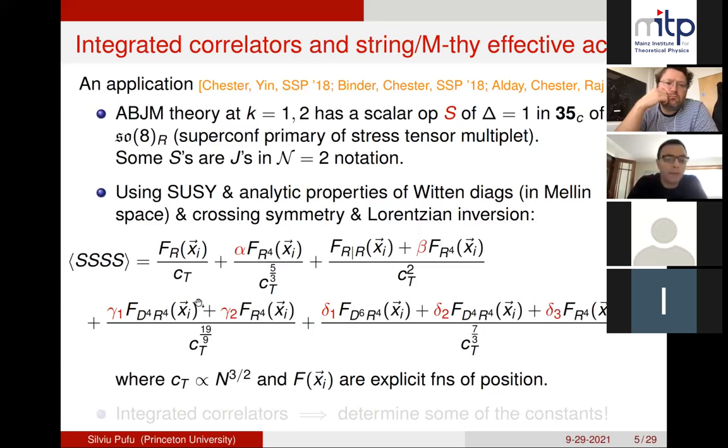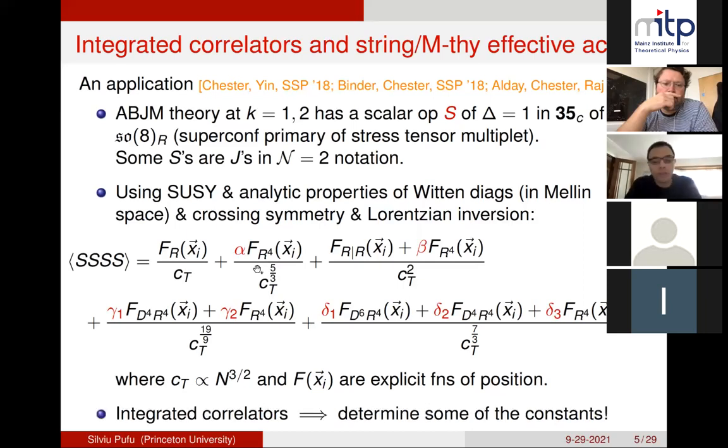And in some cases, for example, if there's just one coefficient at a certain order in 1 over c_T, then one can determine that contribution exactly. So using integrated correlators, one can determine some of these constants.